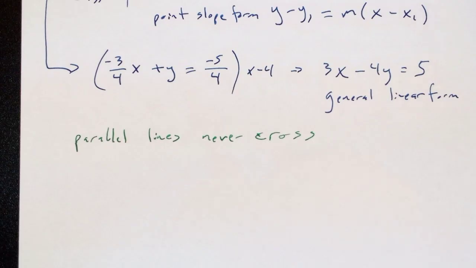The rise and the run have to be the same. Every time I move over and up, I have to keep that same distance between them to keep parallel, to stay from crossing. If at some point they're even slightly different, then as I go out, they're eventually going to cross. Maybe I go out to the right, maybe I go out to the left, but if the distance gets smaller or bigger, somewhere there's crossing. So they have to have the same slope.